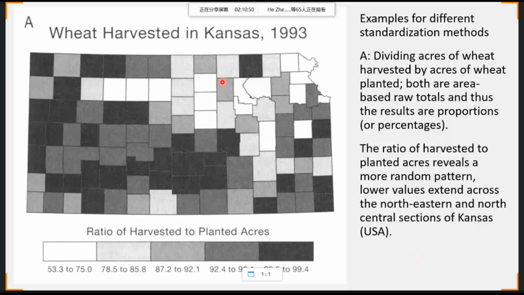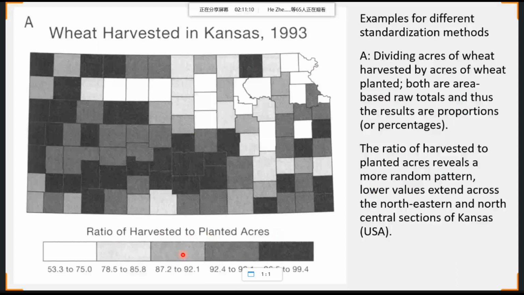So here in the northeastern and north central, here north central, here northeastern section, here are the lower values. Here you see the legend. You get a ratio of harvested to planted acres. So it's a percentage.